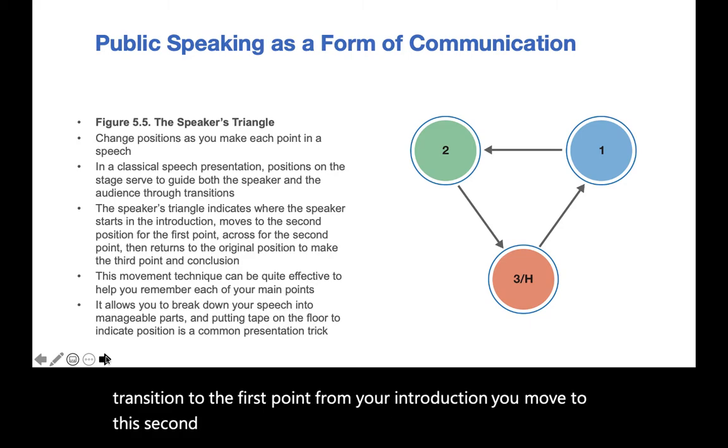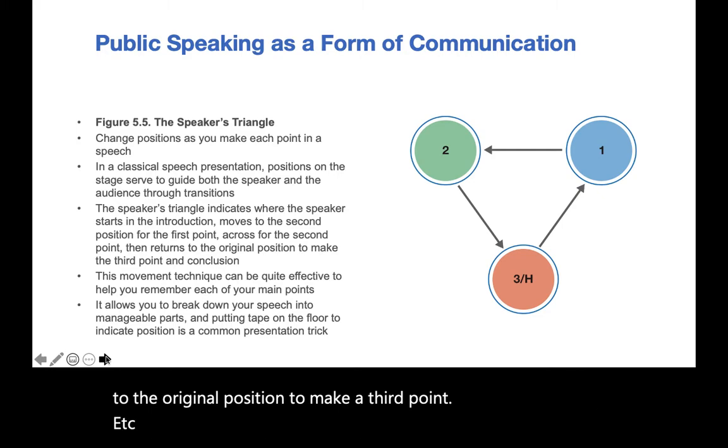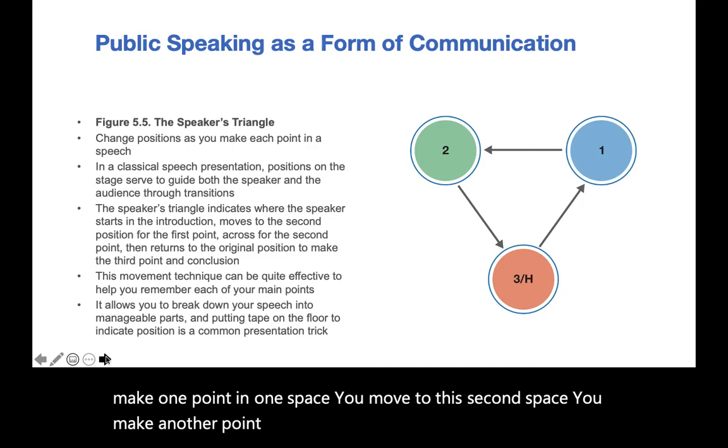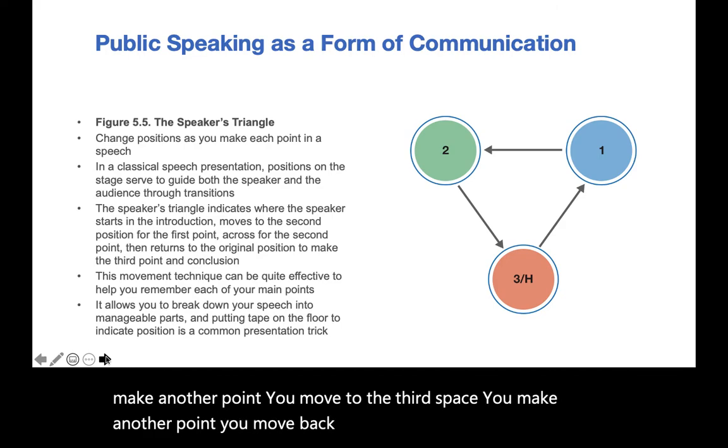And then you return to the original position to make a third point, etc. So you're moving once when you are transitioning. So you make one point in one space, you move to the second space, you make another point, you move to the third space, you make another point, you move back home, right?